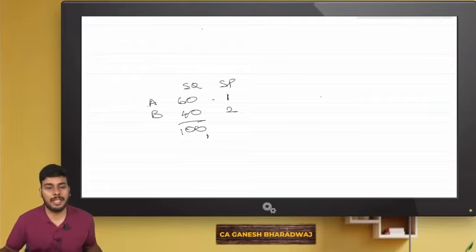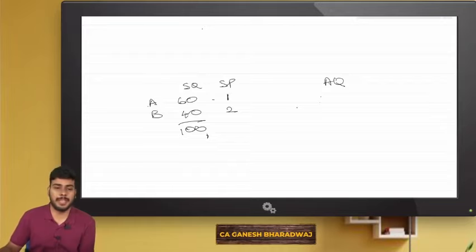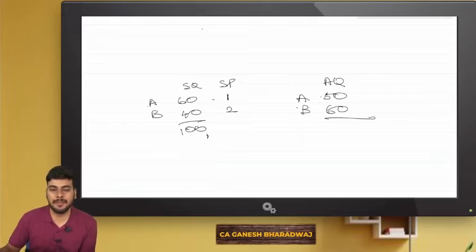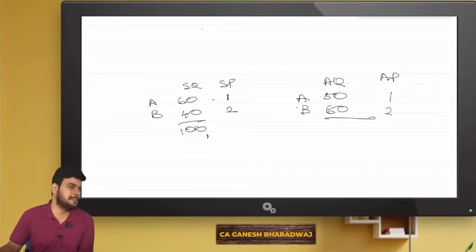Now I'm talking about the actuals. Actual quantity: let's say they have consumed 50 kgs of raw material A and 60 kgs of raw material B. Let's say they have purchased it at 1 rupee and 2 rupees only. Let's forget the price part of it.